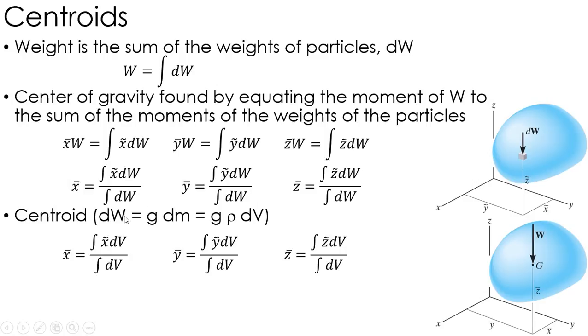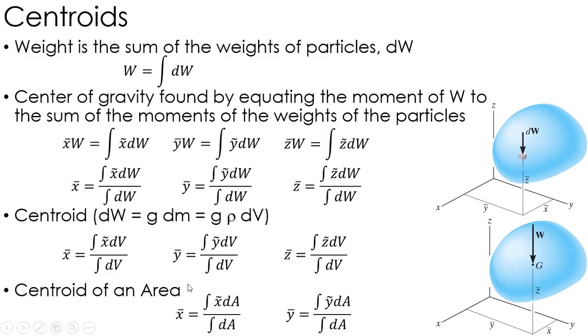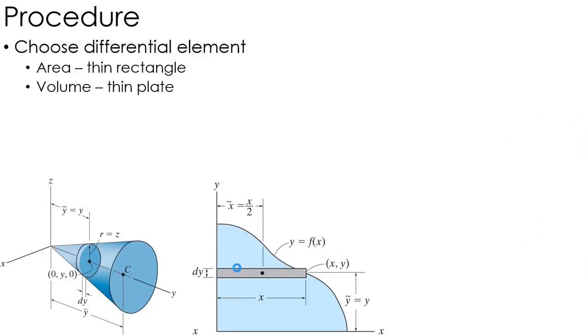I'm replacing dW with dV, so I can do this in terms of volume. I can do the exact same thing for the centroid of an area, where I use dA instead of dV. This is how I find the centroid, or center of gravity, of an object.